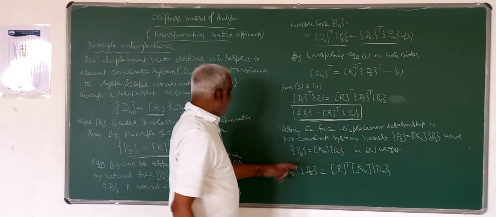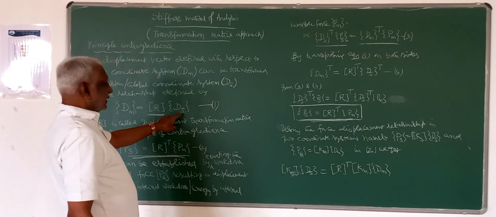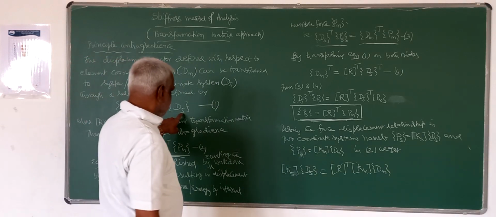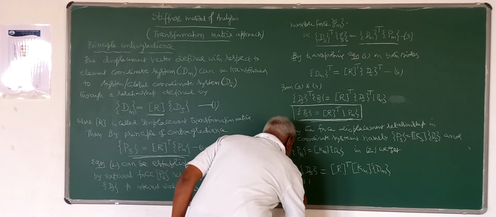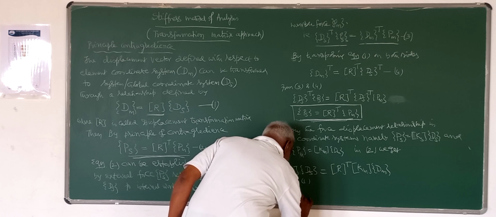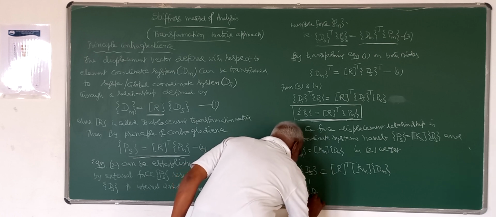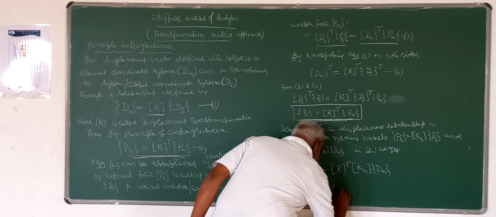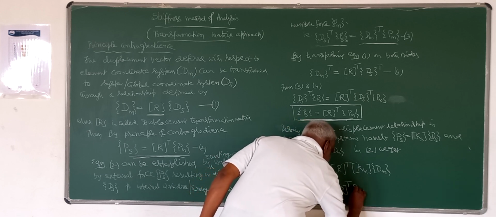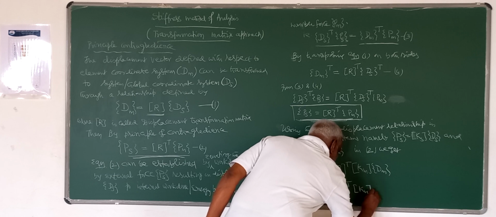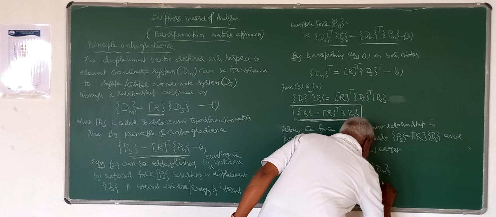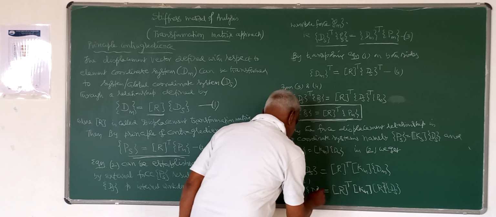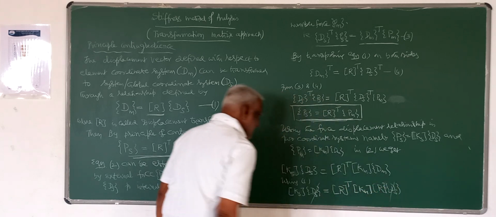Now again I will substitute dm is equal to R ds from 1. Using 1 we get Ks into ds is equal to RT into Km. dm from 1 is nothing but R into ds. So this ds gets cancelled.